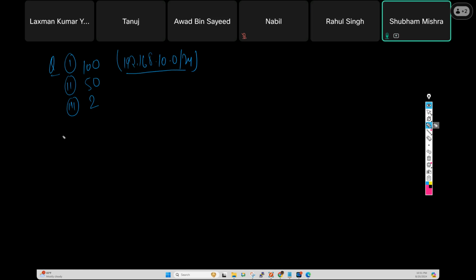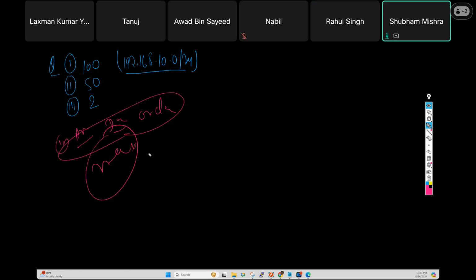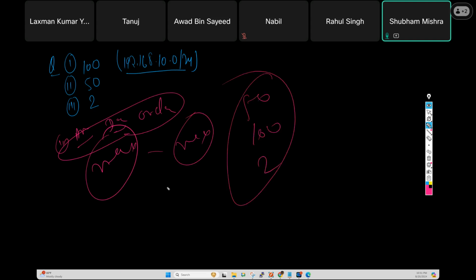Before starting, always keep in mind, whenever you are performing VLSM, whatever the number of users in each department, first of all you have to arrange all the users in decreasing order. In most cases you will get a question like 50, 100, 2. In this case, you have to arrange it in decreasing order.